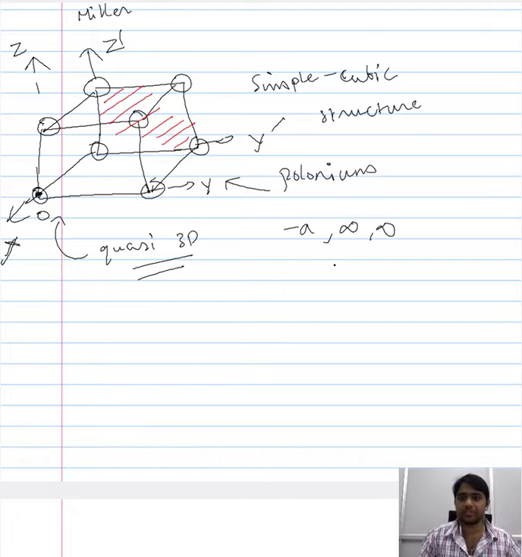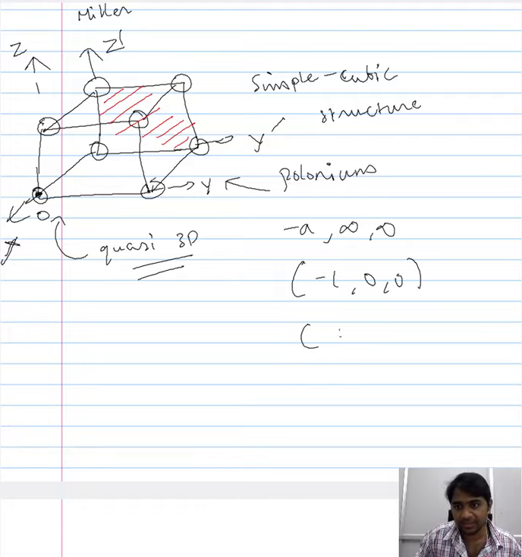When you take the reciprocal and factorize it, you end up representing this particular plane by minus 1, 0, 0, that is, 1 bar 0 0, meaning we represent the minus sign on top of the integer. This is the plane marked in red.